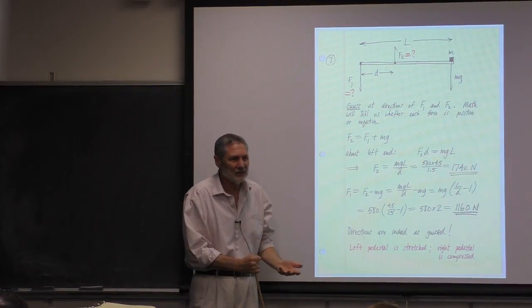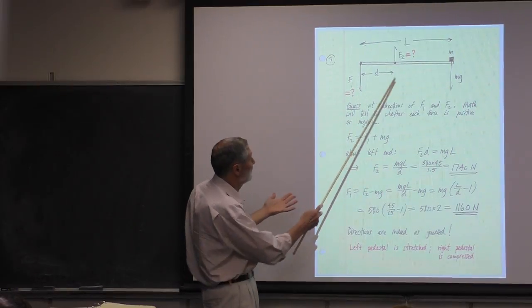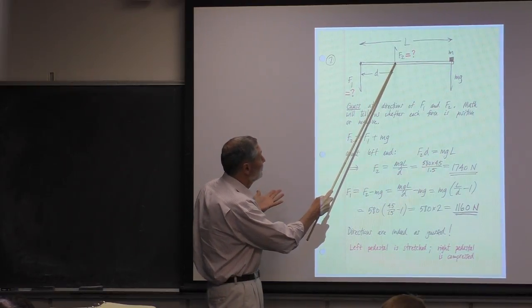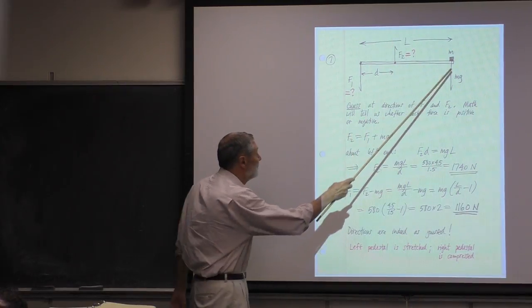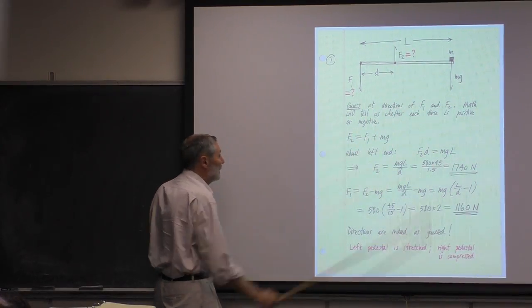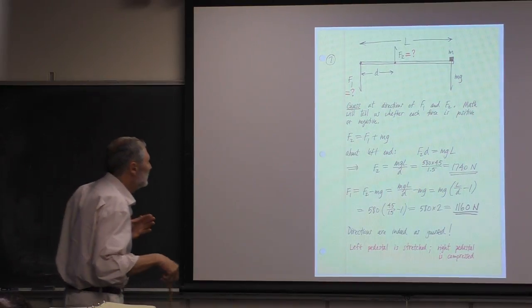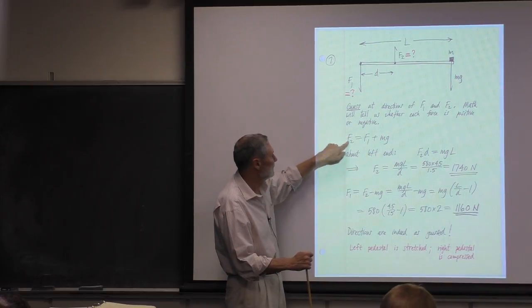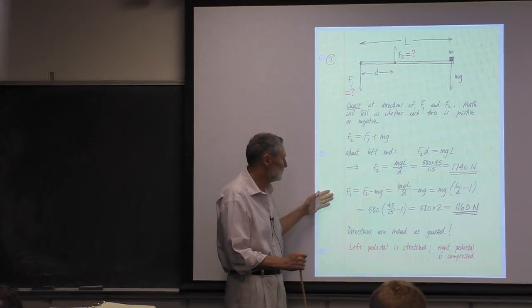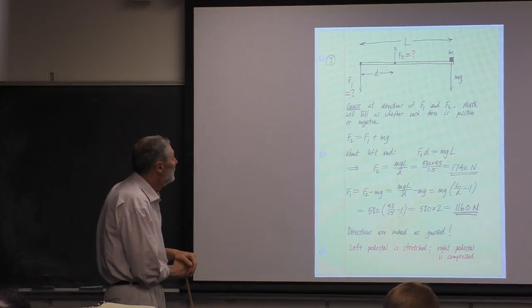I think it's obvious. And it's clear from the math here, that to have equilibrium, the force of the pedestal on the board has to be upward to balance the torque due to the weight there. Well, once we have F2, I have one equation and one unknown. I can find F1, and we can calculate it.